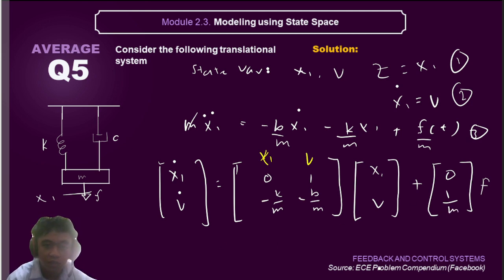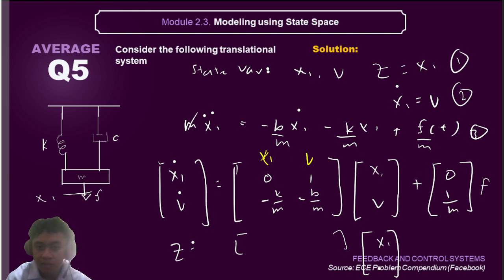And now for the output equation, we write it as z is equal to the state variables. The marker still stands here even if we are now at the output. So this part is still x1 and this part is still v. And we multiply the state variables here.